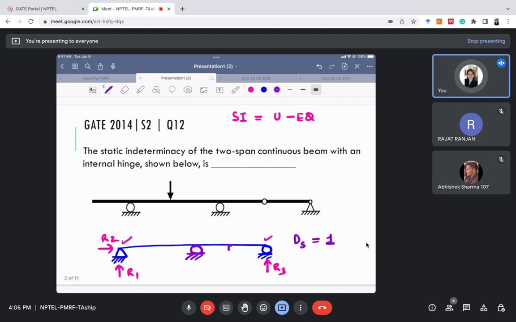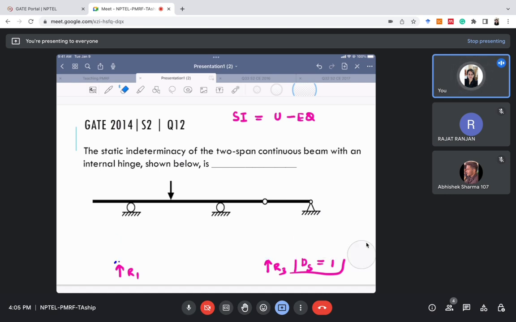If we add one more support, it will be 2, right? So that's how the degree of static indeterminacy varies. But now if we add one internal hinge in between, it will reduce by 1, so it will be minus 1 now. So the degree of static indeterminacy in total will be equal to 1.